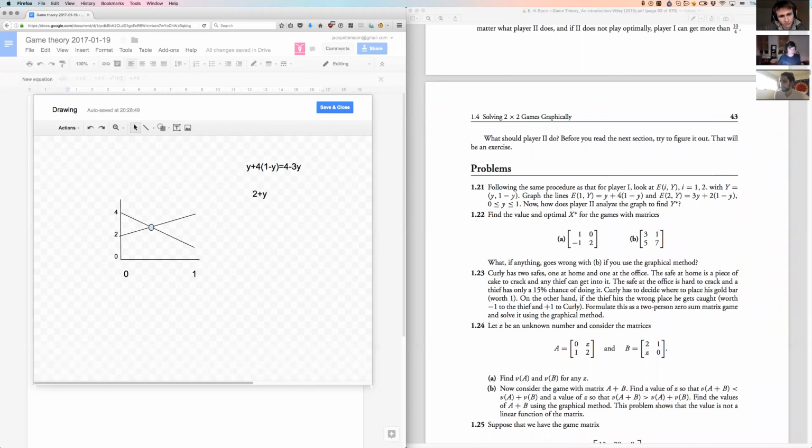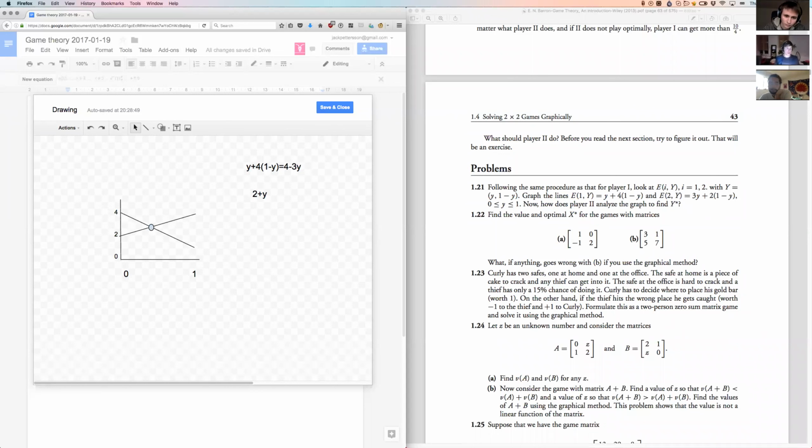And so basically we're finding the optimal strategy for player 2, and player 2 wants to minimize the maximum of the game. So the maximum of the game is going to be this line, and the minimum of that is going to be this point.